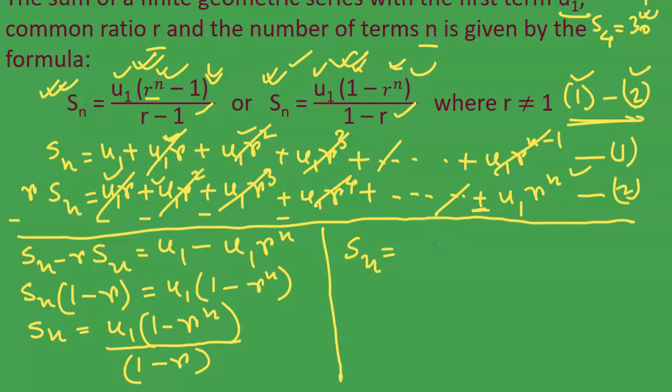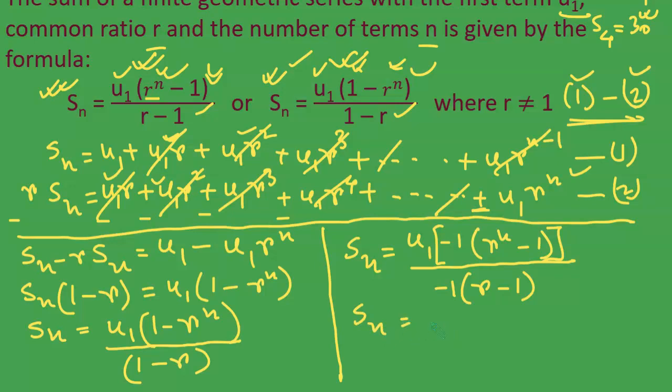Sn is equal to U1, and I am taking out this minus sign, so this can be written as R to the power of n minus 1, over, again taking out the minus, R minus 1.